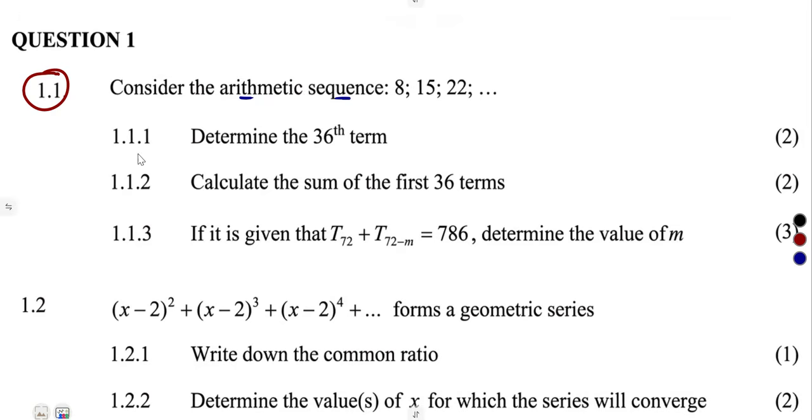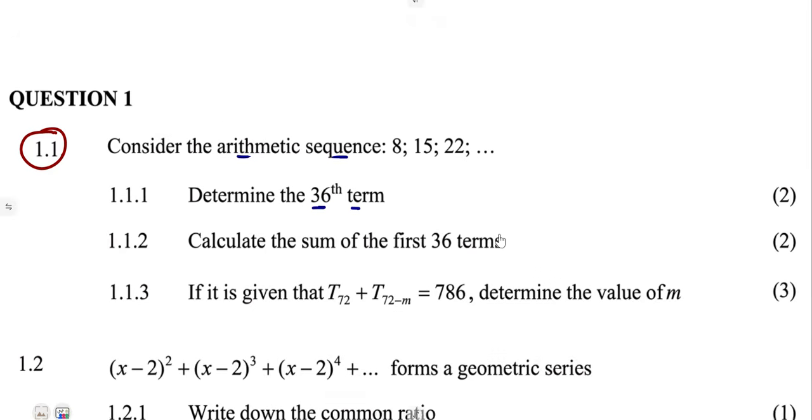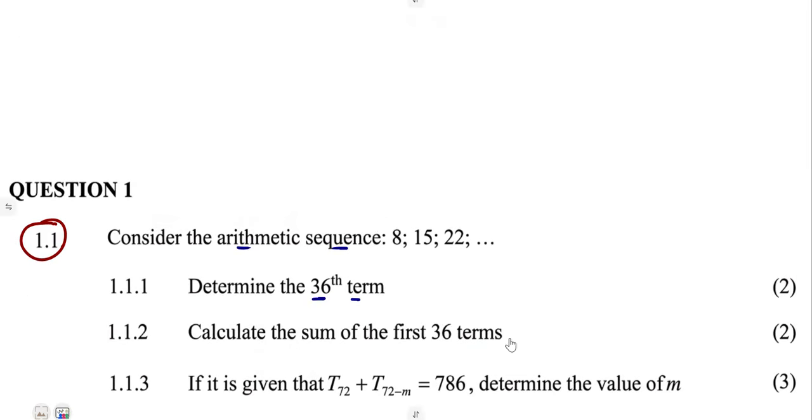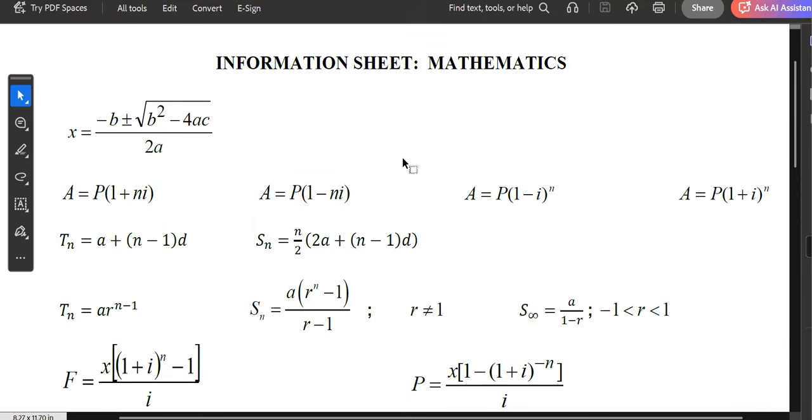Determine the 36th term from what we are given, and this is an arithmetic sequence. In a case like this, we can simplify everything at once, as we do understand from our formula sheet.